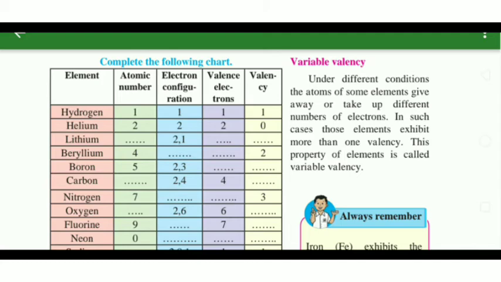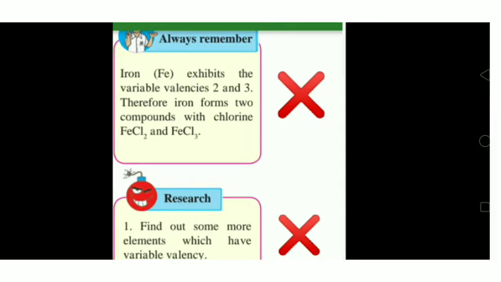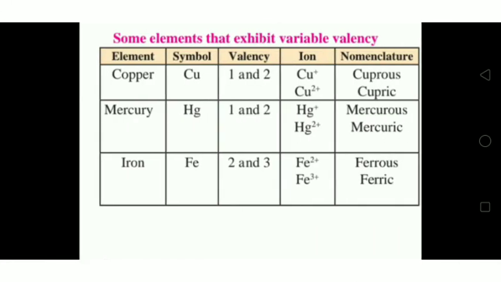This property of element is called variable valency. On page number 54, always remember, research has been removed from syllabus, so we are not going to study that. So as we have seen variable valency, some elements that exhibit variable valency are given here, like copper, mercury and iron.